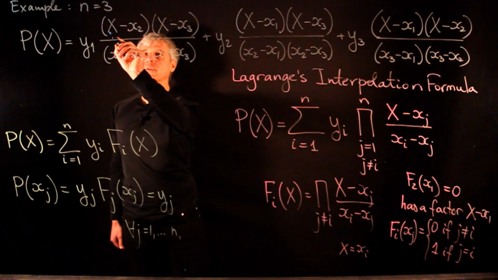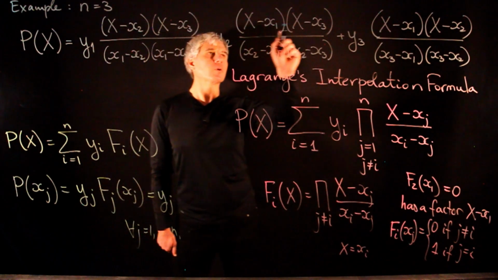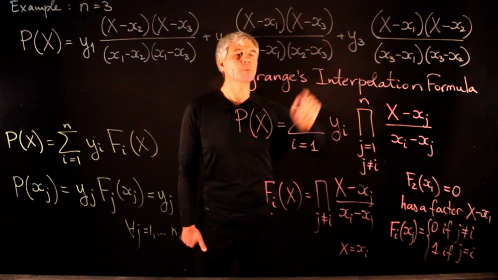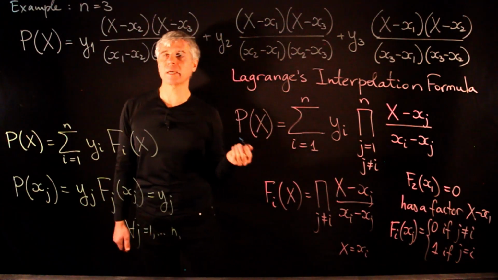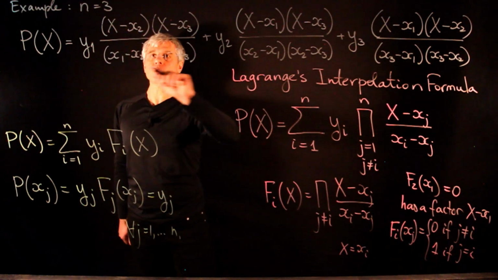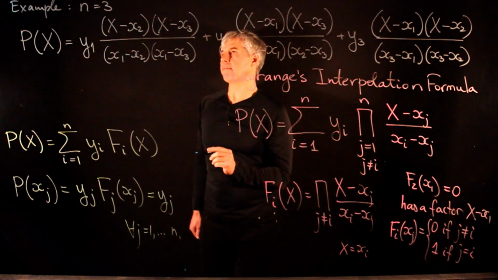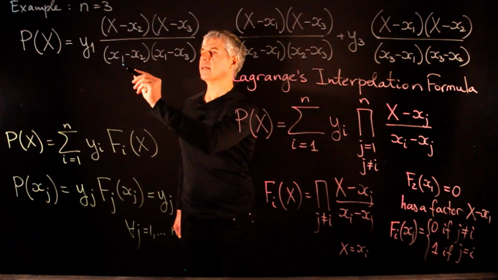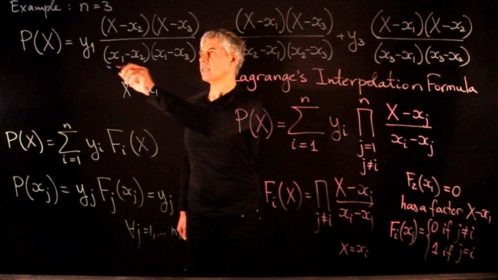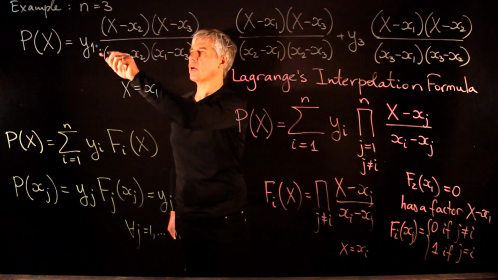And so the polynomial structure only comes from the numerators, and we see that this is a sum of 3 quadratic polynomials, and as a result it has degree at most 2. The first term will have value 1 when x is equal to x1, and thus it will provide the value of y1.